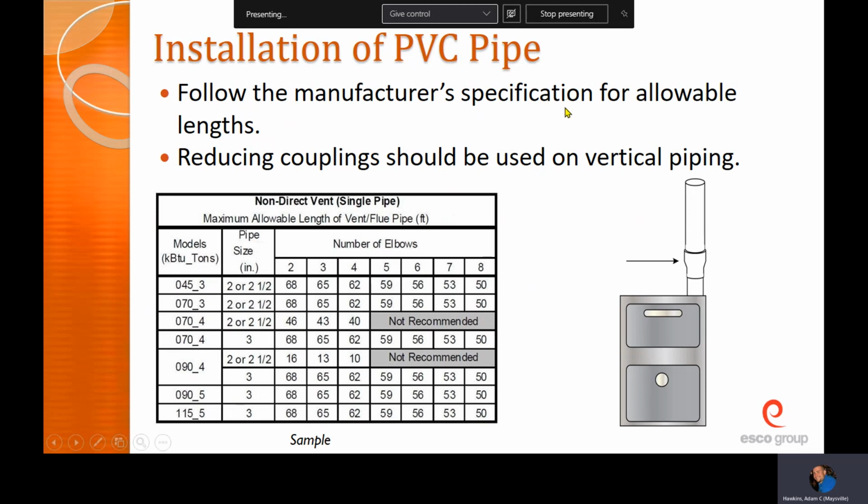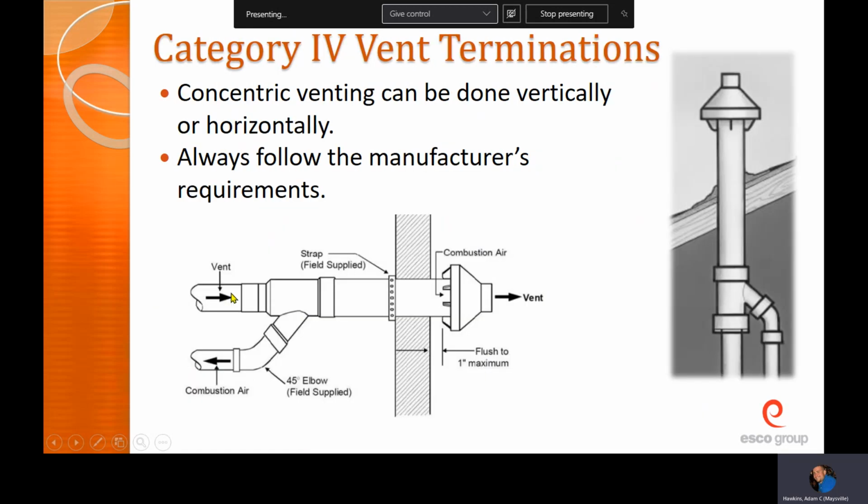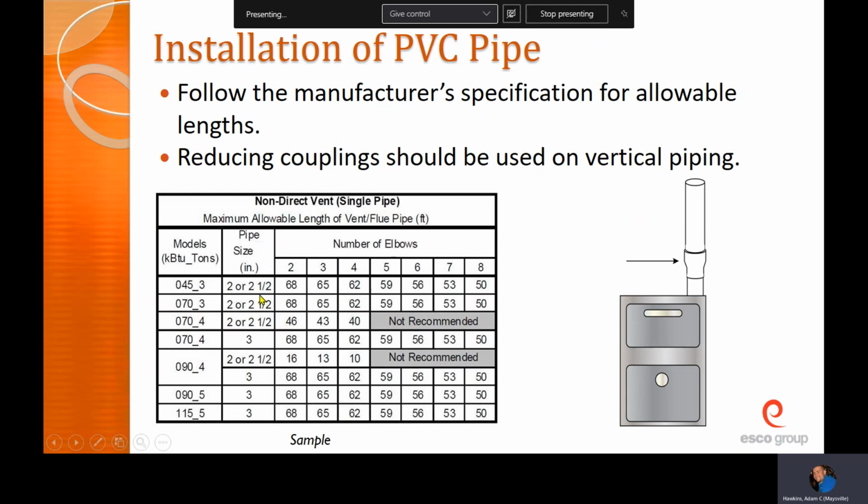This gives you an example of a maximum allowable length of flue vent pipe. Let's say for this example, this is a 3-ton AC with 70,000 BTUs. For this particular furnace, I'm just going to go by the second row. It says I could use 2 or 2.5-inch pipe.